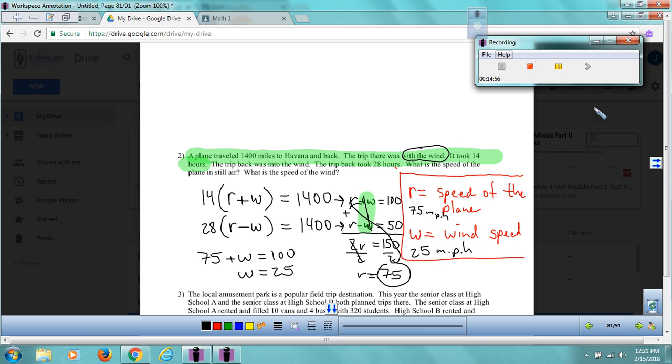So think about it. If it's going with the wind, the plane's really going 100 miles an hour, right? 75 plus the 25. And then if it's going against it, that means the 25 is being taken away from this plane speed. So that means it's going 50. So with the wind, it's going 100 miles an hour. Against the wind, it's going 50.